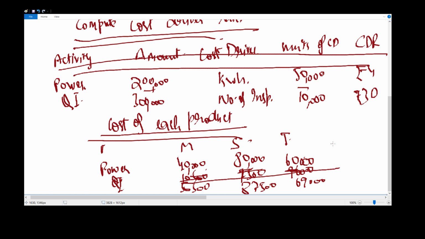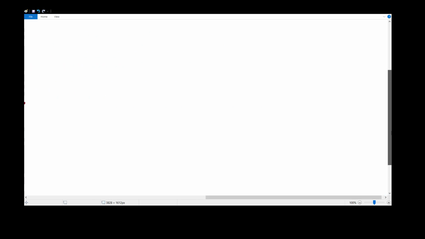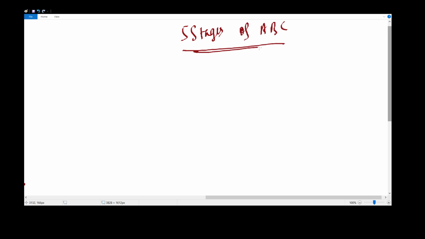And there are total 5 stages of activity based costing.